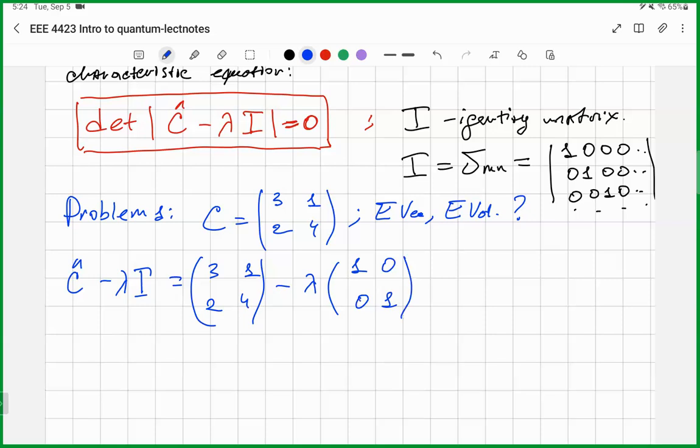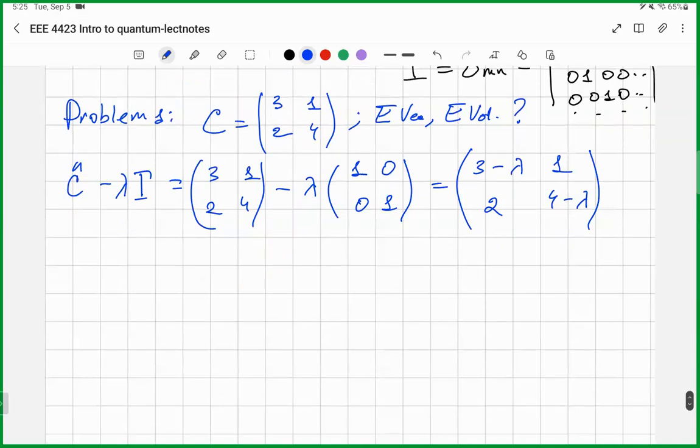This gives us 3 minus lambda, then 1, then 2, and finally 4 minus lambda. So this matrix looks like this, and we need to find its determinant.